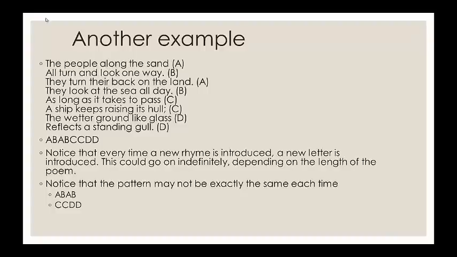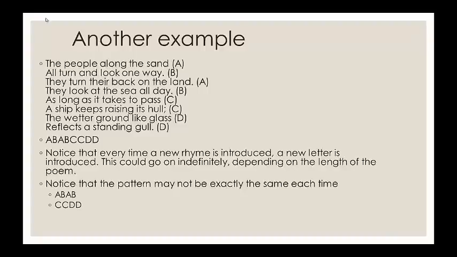Okay, so sand is your first rhyme, your first sound at the end of a line, so you write A. Way is different than that, so you would write B. Land rhymes with sand, so you would go back to that A. Same with day. You would write the letter that corresponds with the rhyme, and then you get down to pass, and it's again a new sound that hasn't been introduced in the poem yet, so it gets its own letter.